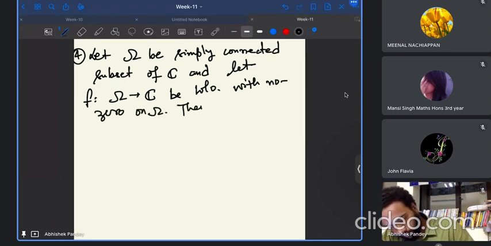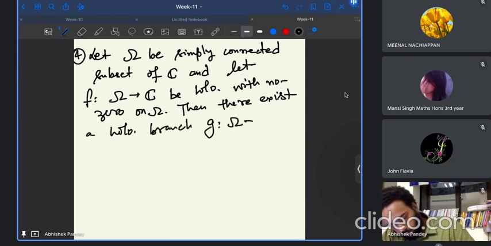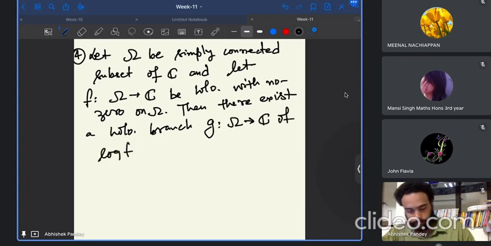Then there exists a holomorphic branch G such that omega to C of log of f.